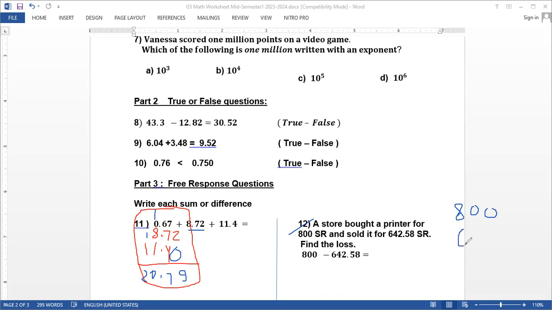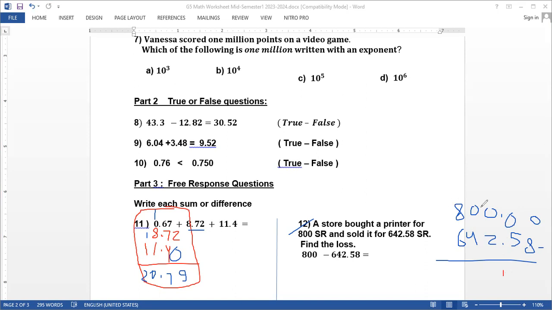They have to put here 642.58. Now, when you subtract, you need to put here point 0, 0, and now let me change the color and line up the points.